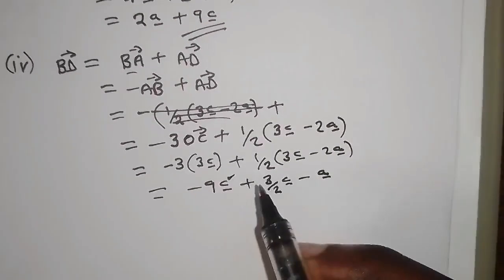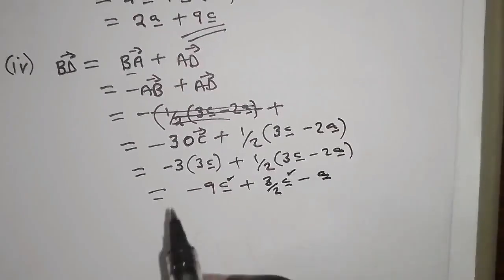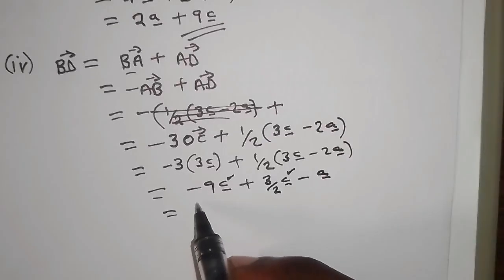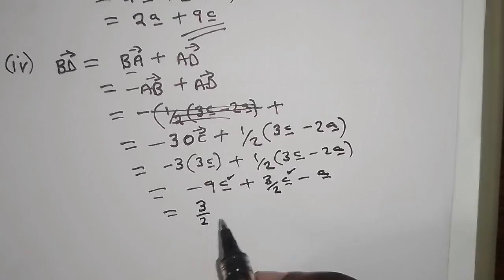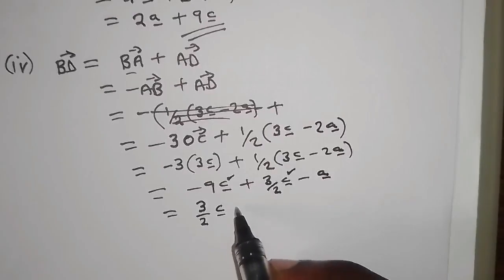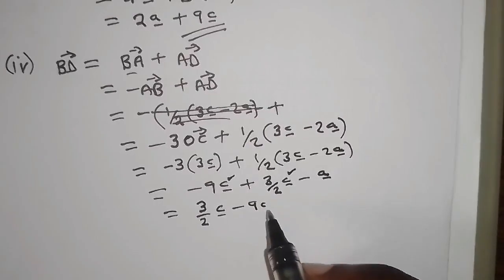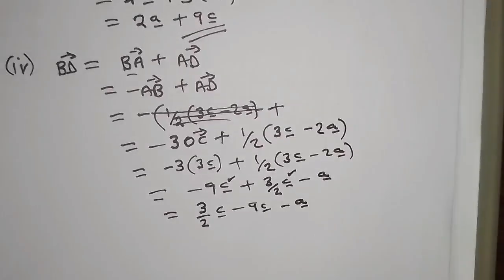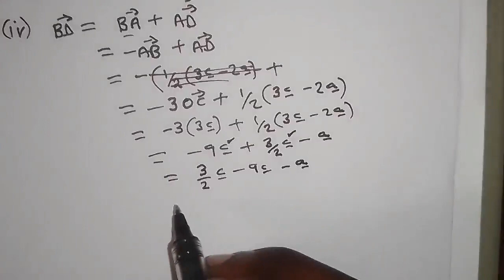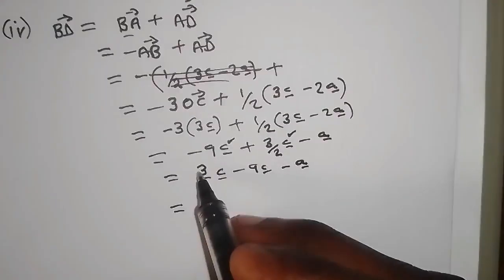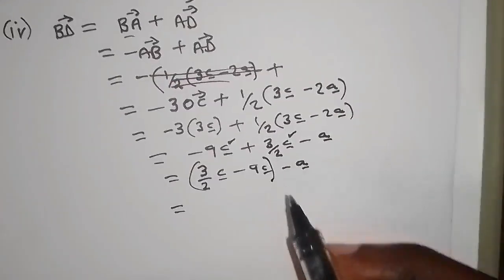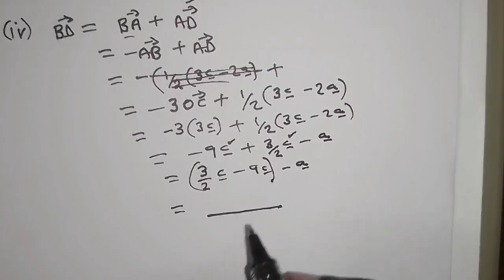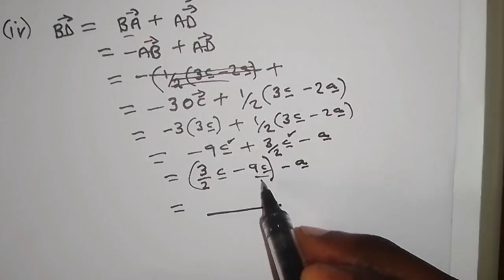Now we know that we have like terms, this one and this one. So this is going to be, let me just put it nicely, 3 over 2 C minus 9 vector C minus vector A. Now on this one, you have to evaluate by finding the lowest common denominator, meaning by putting over 1 there.